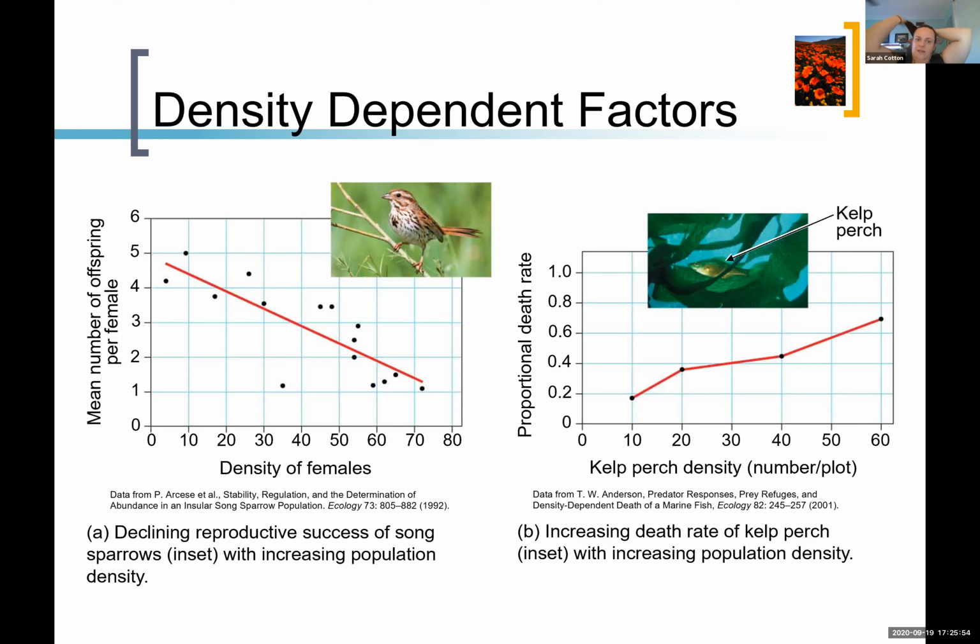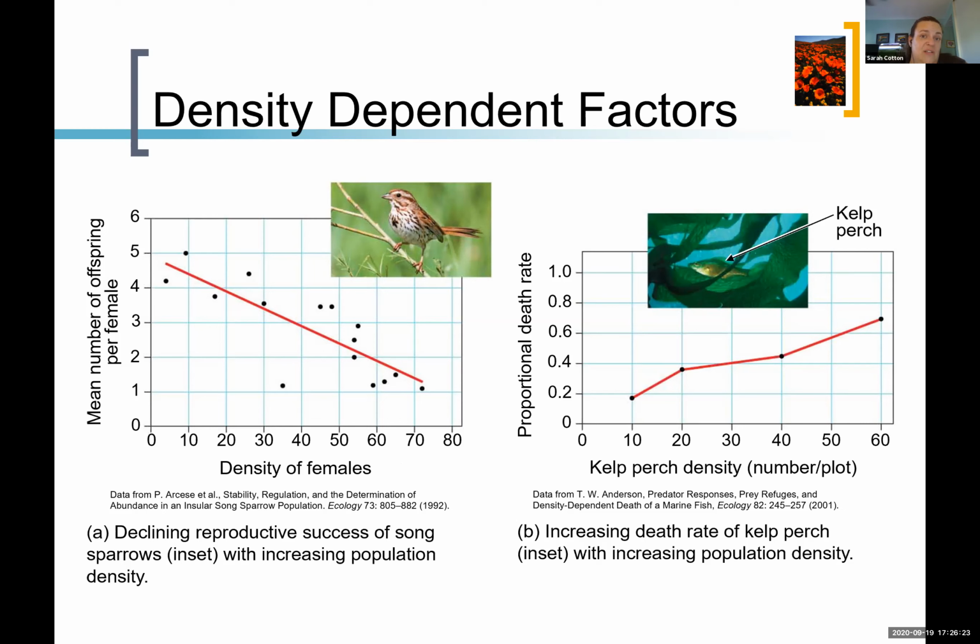There was a study in 1992 looking at song sparrow populations. They discovered that as the density of the population increased, so as the number of females increased, the number of eggs that each female would lay would go down. So birth rates go down when density is high.